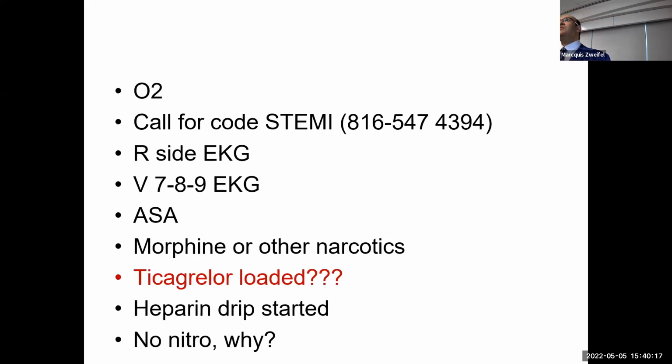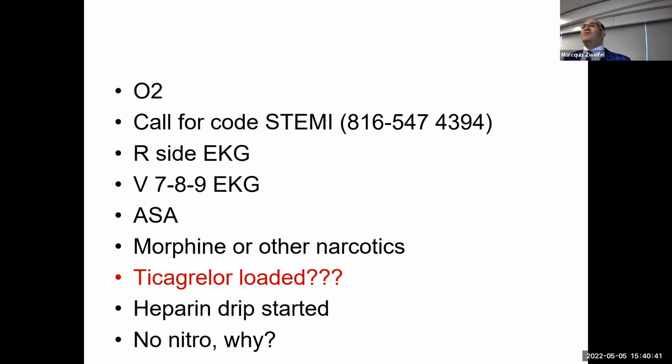Great. So oxygen, call for code STEMI. This is the number. I think it is the same number that you got from Dr. Balija, unless they changed the number from last year. Anyway, you do a right-sided EKG to look for right infarction. You do V7, 8, and 9 to look for posterior infarction.